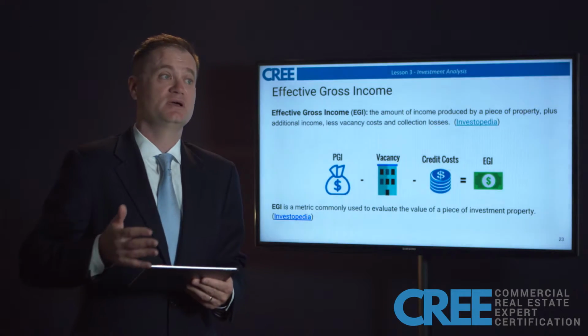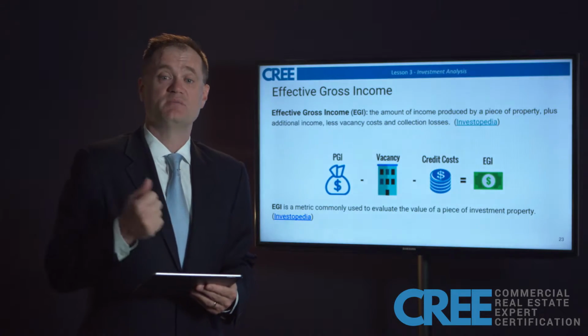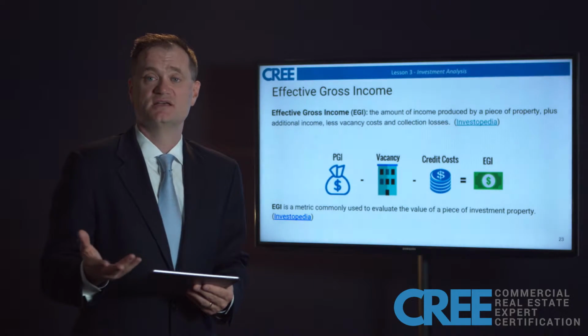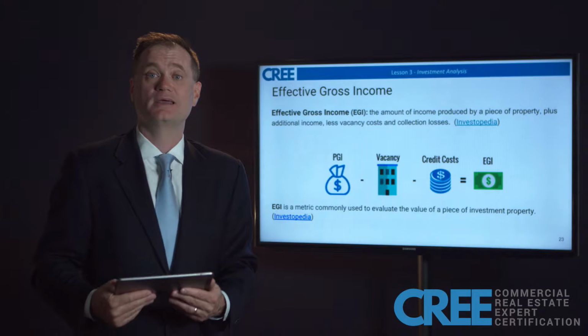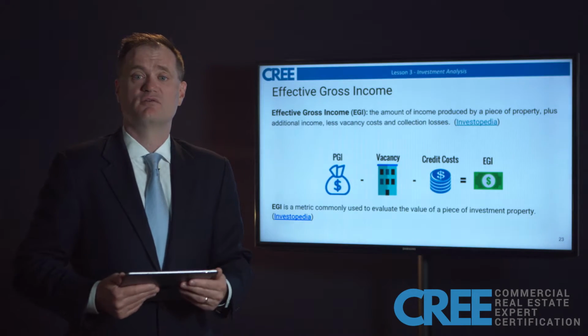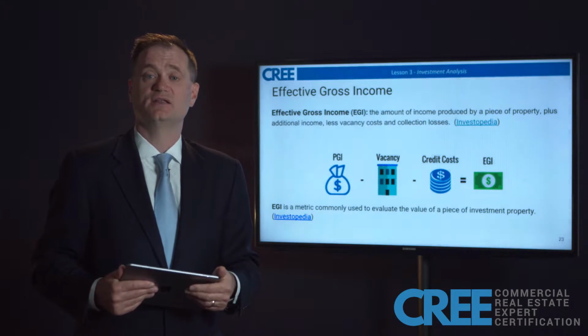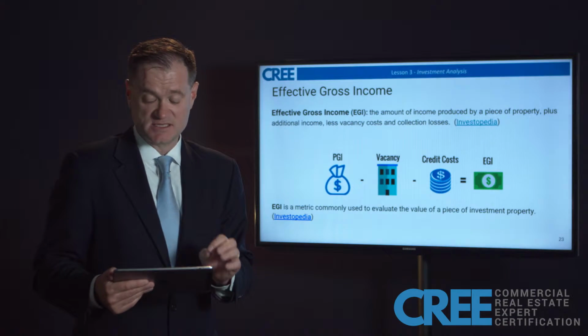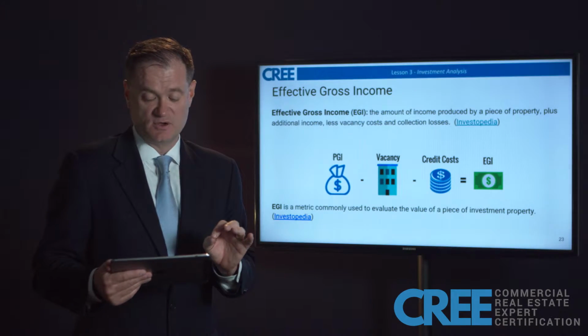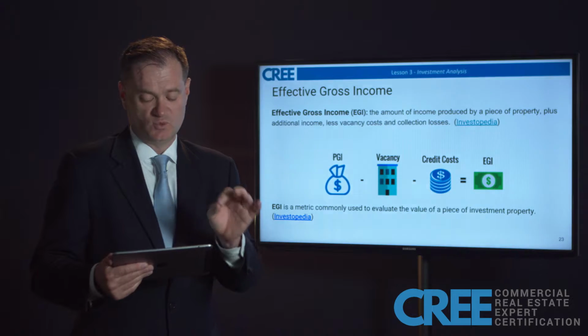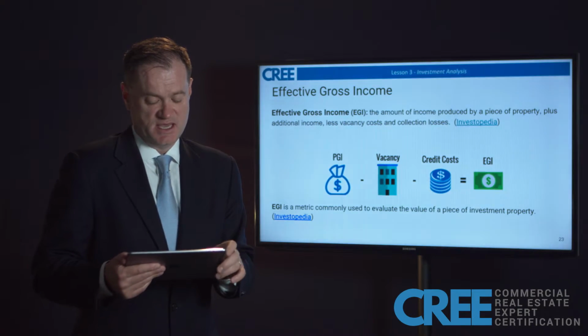And this might be doing an area market survey. This might be looking at other properties. What is the vacancy rate? It might be relying on third-party reports. There are a variety of providers out there that look at what vacancy rates are, and we've got some of those coming up in a little bit, and we'll talk to you about some of those resources.